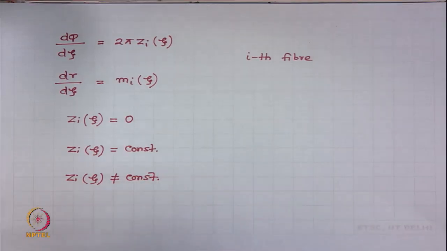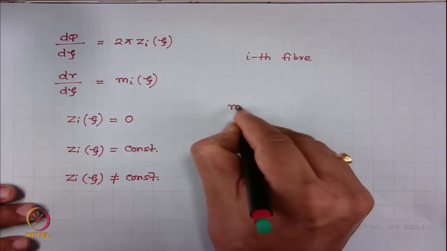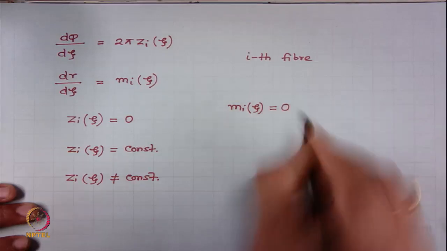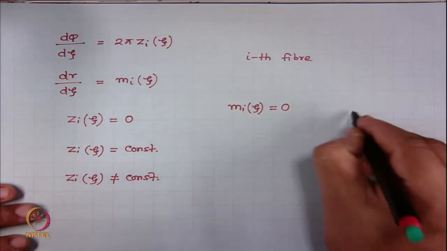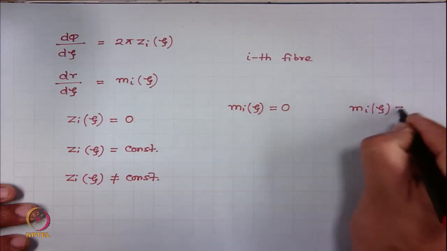Three possible situations. Similarly, this function for the ith fiber can be equal to 0, or may not be equal to 0.